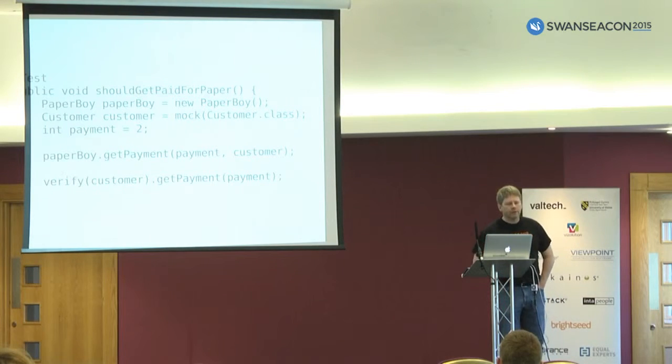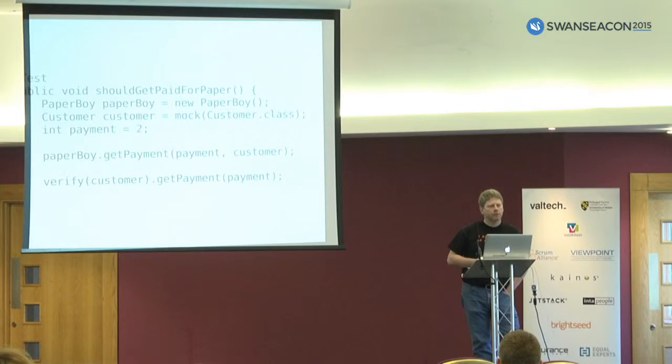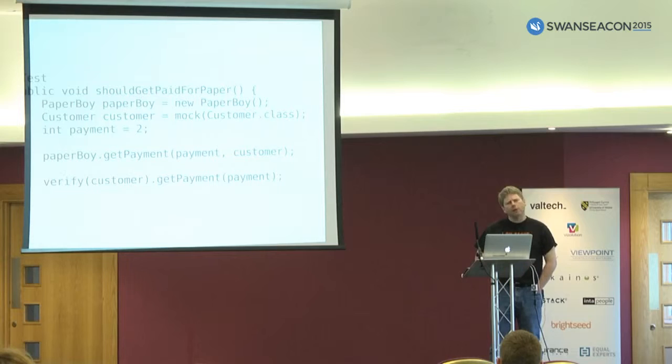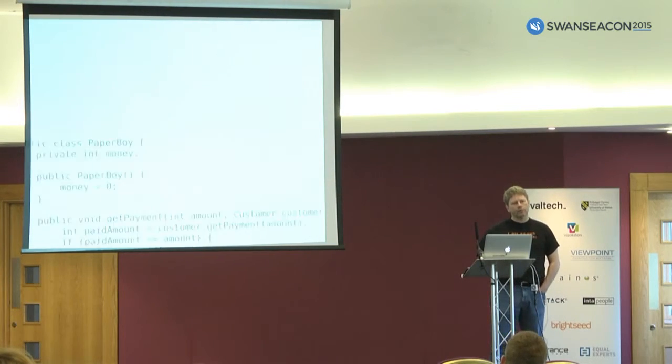And then we just verify that the customer has been called with get payment and the parameter of the value. We don't really know if this is correct or not, but we know that this code will verify that we have wired up the system properly. And in this case, we could implement it like this.